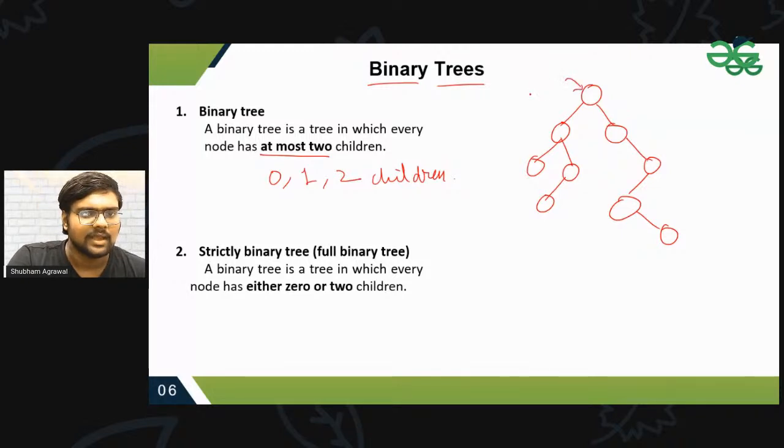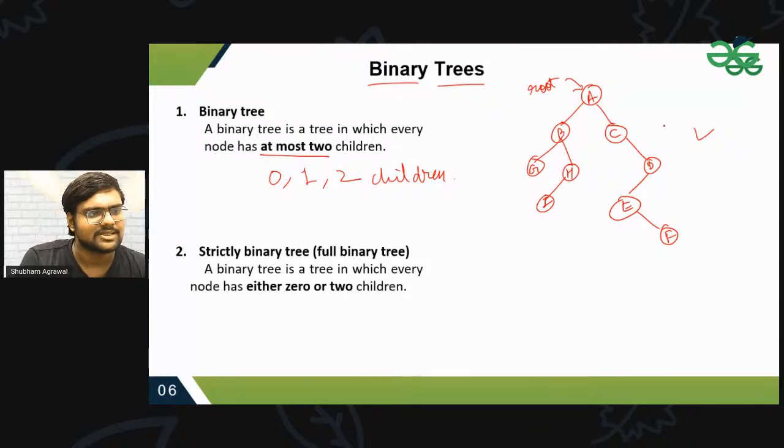Each node, as you can see here: A has two children, B has also two children, C has one child, and D also has one child, E. Then E also has one child, that is F. And here it is G, H, I. G has no children, H has 1, and I has 0 children. So here it is a binary tree because every node has at most 2 children.